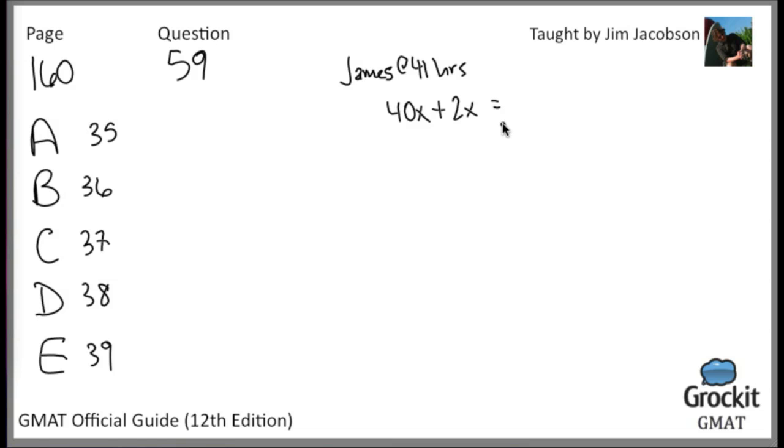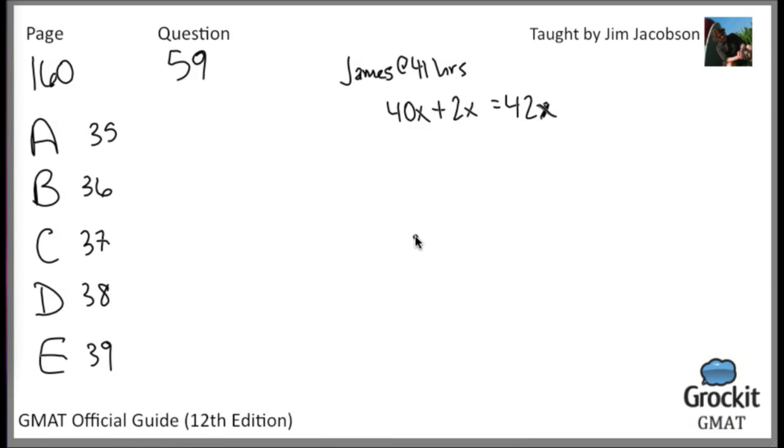So his total in terms of x, we don't actually get the number of dollars, but we get it in terms of x, equals 42x. And since Harry's pay rate is also in terms of x, we can just set his pay equal to this. So now we're trying to figure out Harry's number of hours.